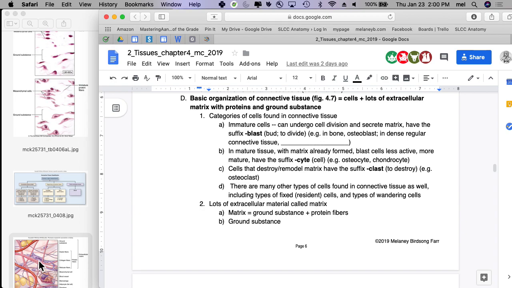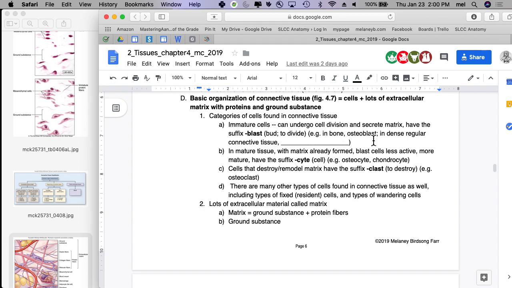A blast means what? Bud or precursor, exactly. So if I find an osteoblast cell, it's probably going to make some bone, yeah? If I find a fibroblast cell, what do you think it's going to make? Fibers, exactly, of some sort, right? So those are blast cells. Blast cells are usually really active in making stuff. That's what those are doing, okay?